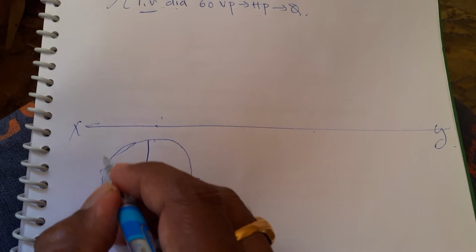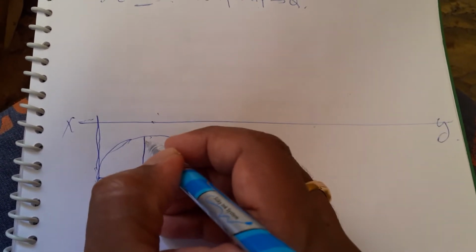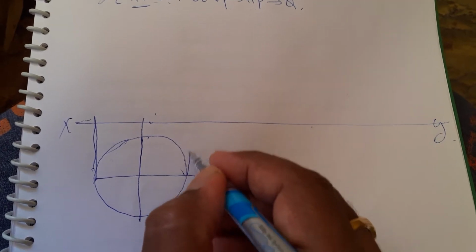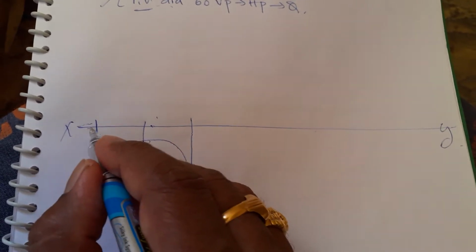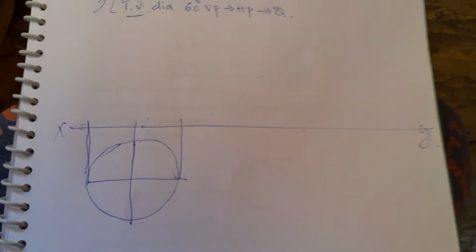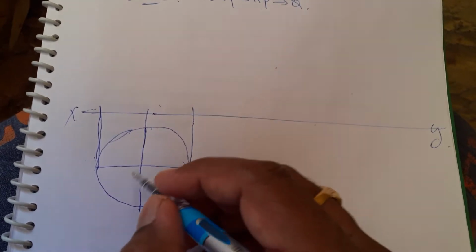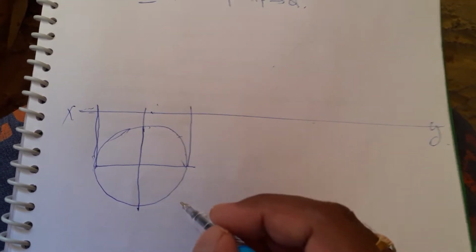There are 4 ends. If you draw here, what will come? Only a straight line comes. That's why for a circle we generally divide it into 6 or 8 parts.